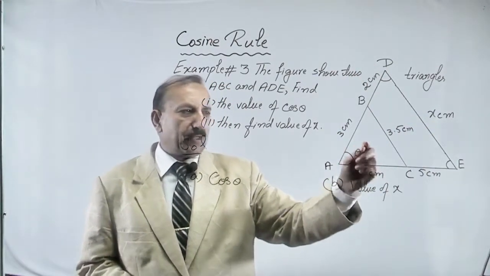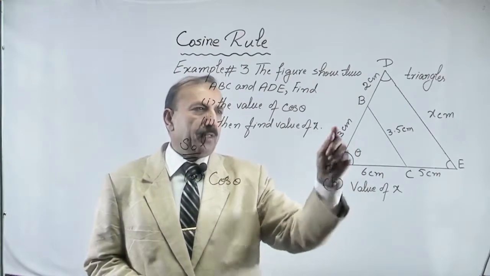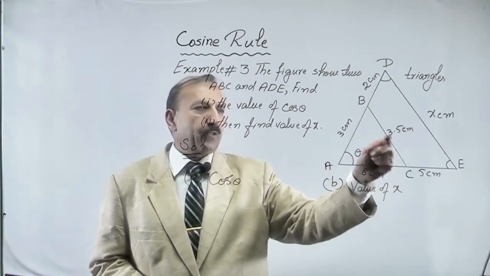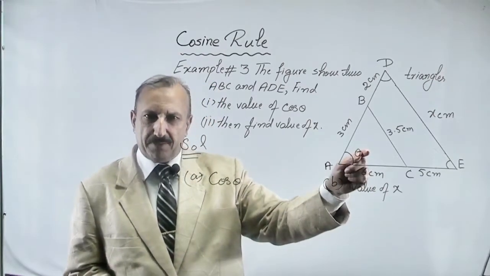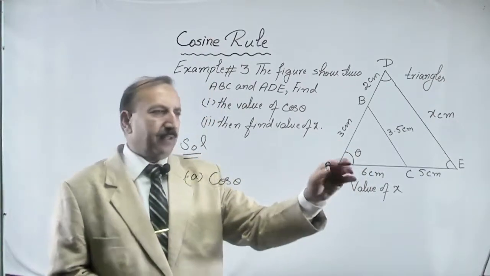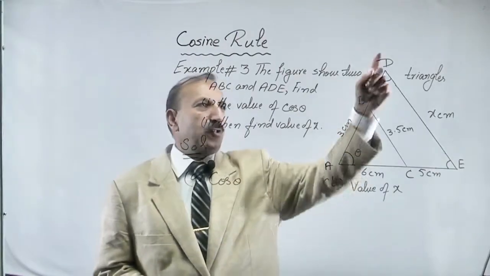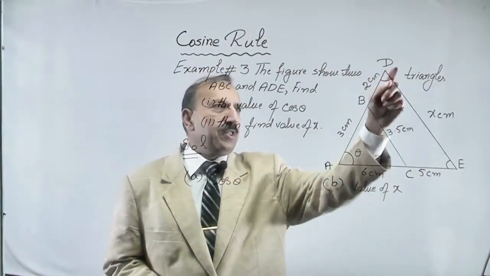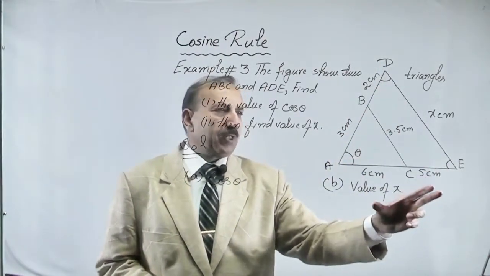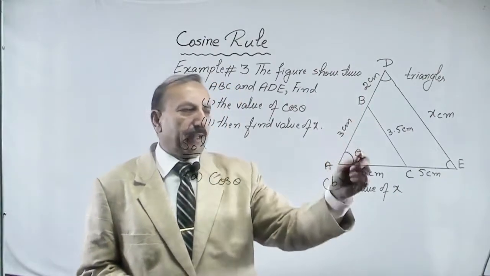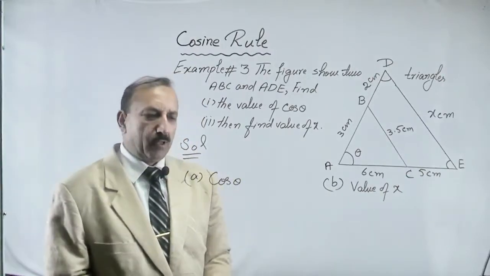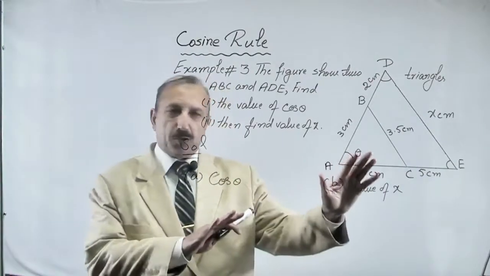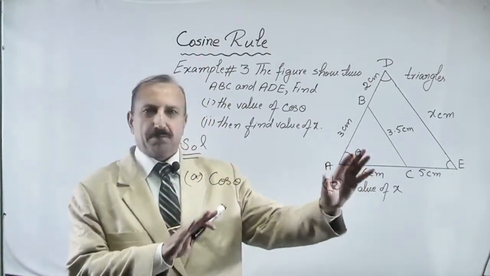So the first step is in the smaller triangle ABC, as all three sides are given, we can easily find theta, and then we will move to the larger triangle ADE, where this side and this side are given, and when there is this angle, then we can carry on for the unknown value x. So I'm just going to explain this process of this figure.